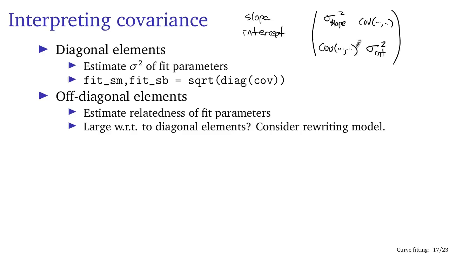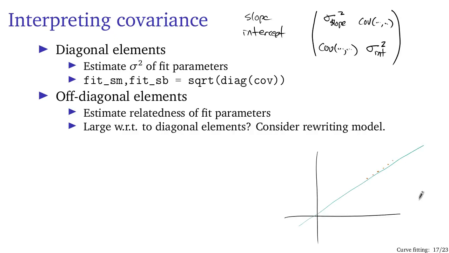Now, why would we ever have a non-zero covariance between these fit result parameters? Well, if you can compensate for a bad slope by changing the intercept. A situation where this happens would be perhaps you're fitting a line to a data set, and your data set's all over here. Now, what your best fit curve might look like is something like this, line pretty much going through the data set.